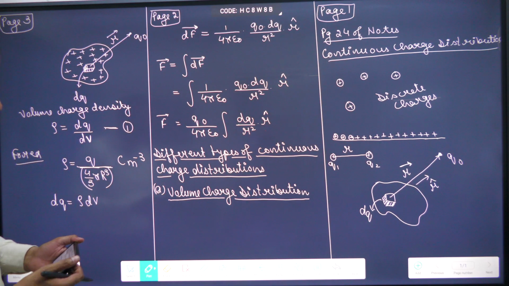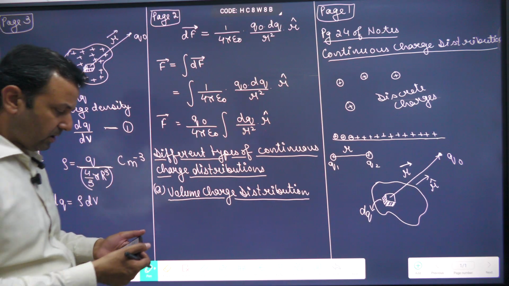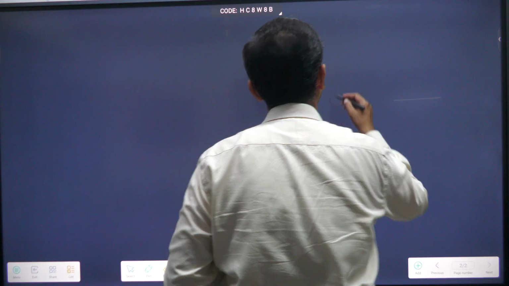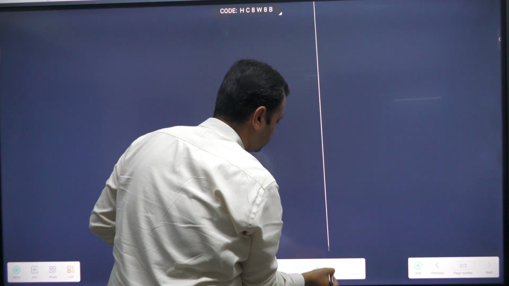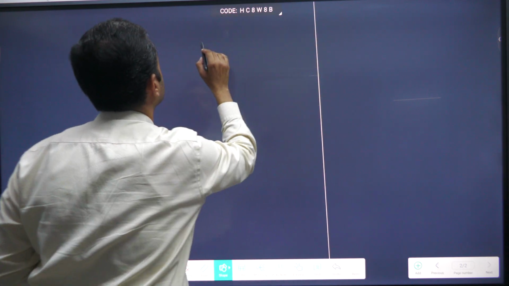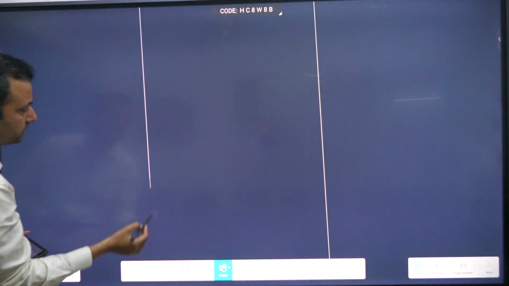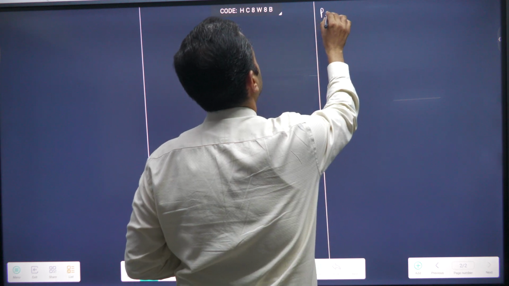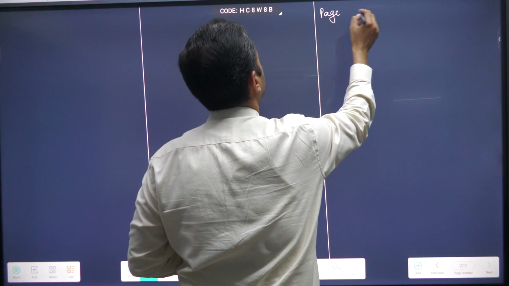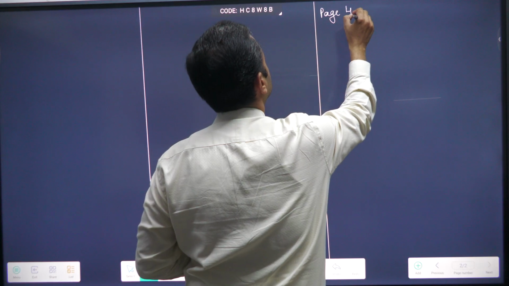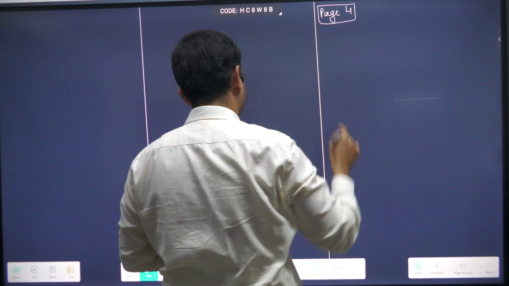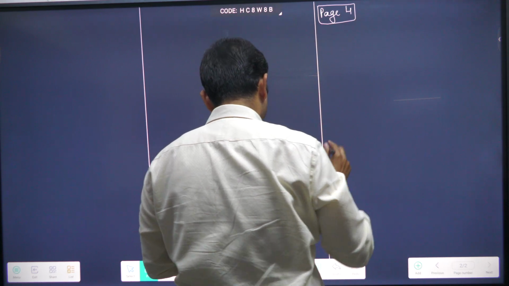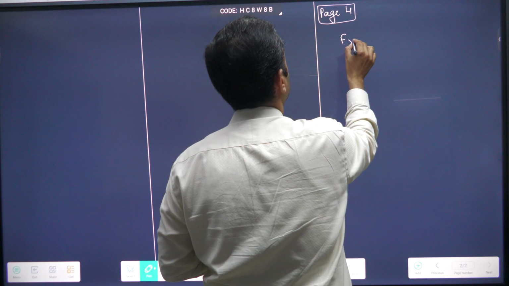What will be the formula for total force? Force on Q naught due to entire volume V, so force due to entire volume.